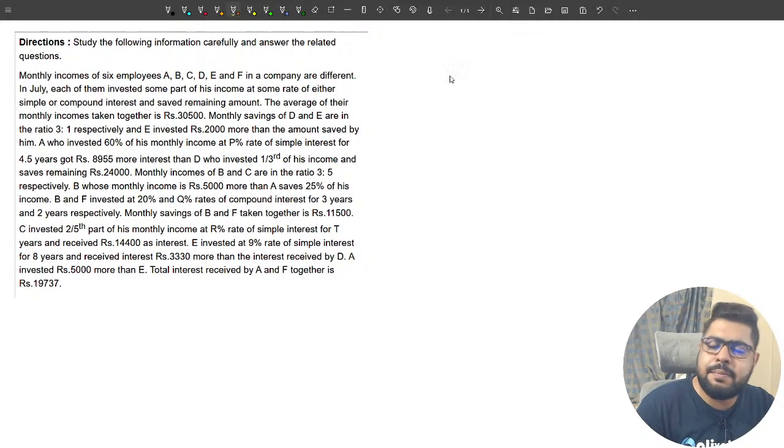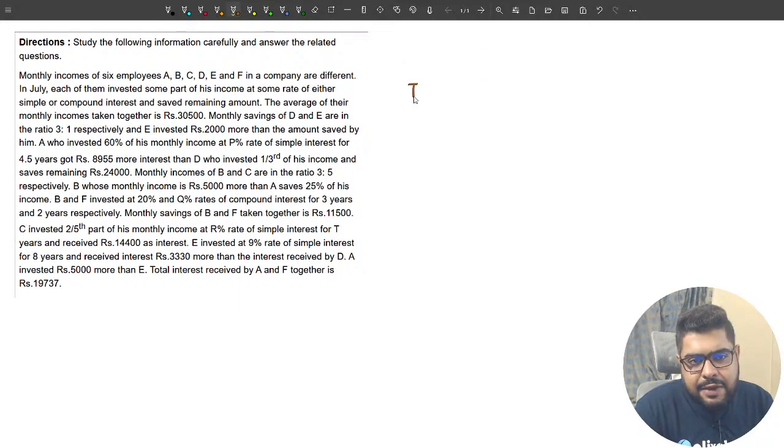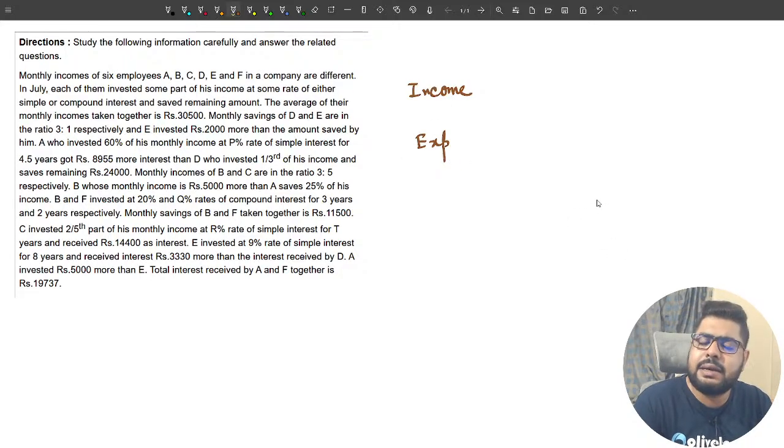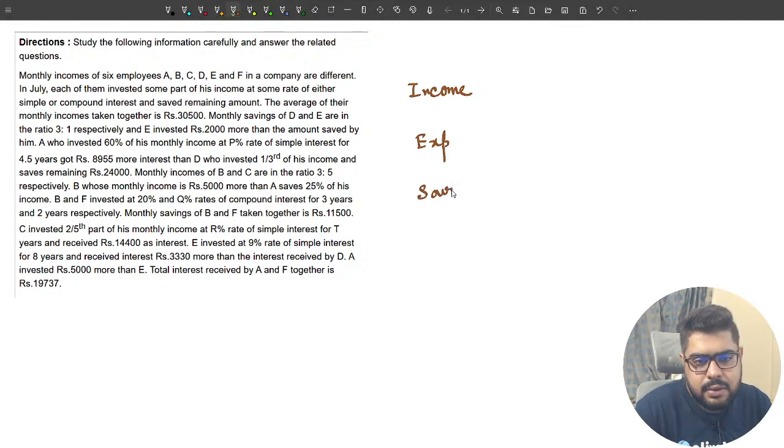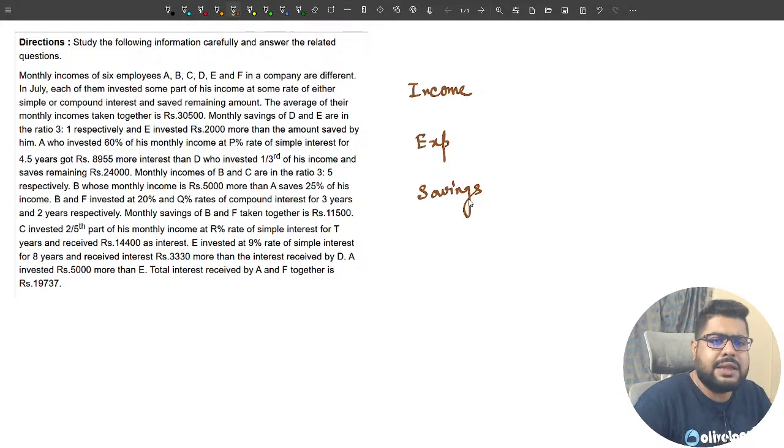First things first, every employee is doing what, sir? They have an income. They have some investment. Investment means I'm kind of putting it like expenditure. And they are saving. Actually, the word expenditure does not look good, right?